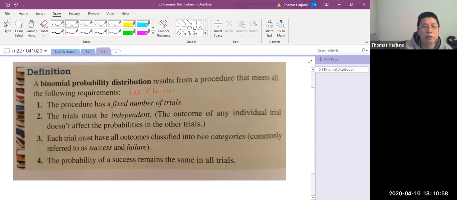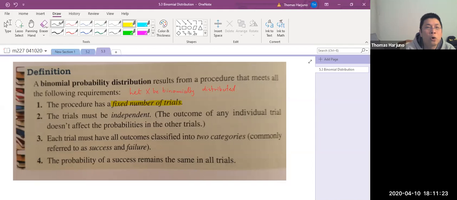binomially distributed. Now, what does it mean to say that random variable X is binomially distributed? Now, that's if, first, the procedure has a fixed number of trials.